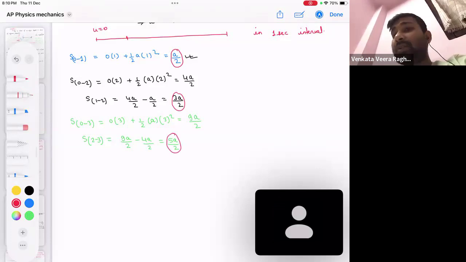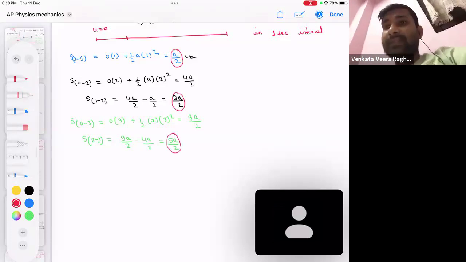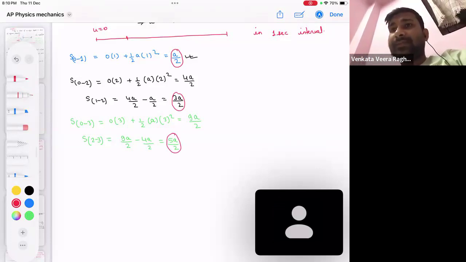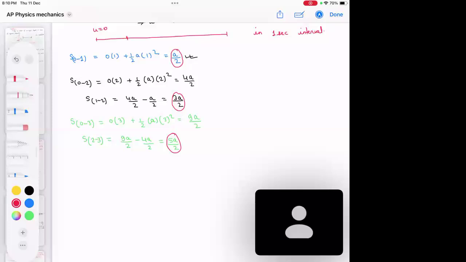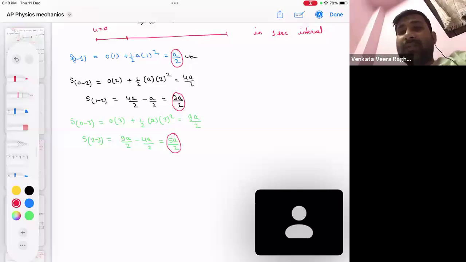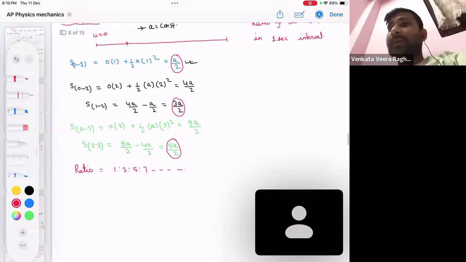Can you tell me what is going to come for 3 to 4 second? 7a by 2, right? So the ratio is 1 is to 3 is to 5 is to 7, like that.